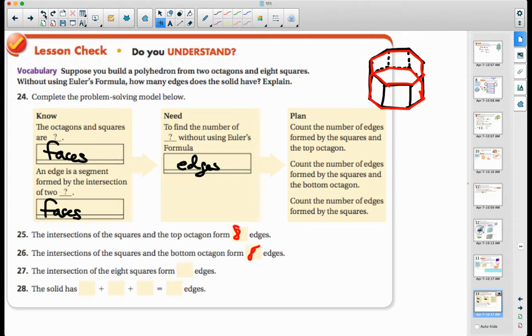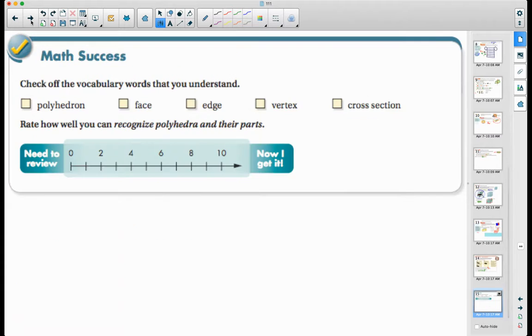Then the intersection of my 8 squares, all these edges dropping down: 1, 2, 3, 4, 5, 6, 7, 8. So there I'm also going to have 8. So the solid is going to have 8 plus 8 plus 8 edges, which would be 24 of them.